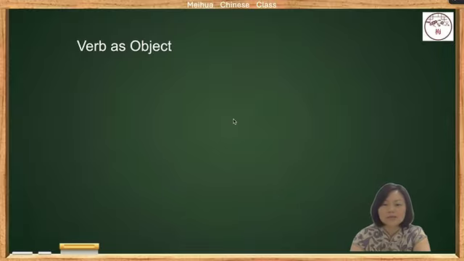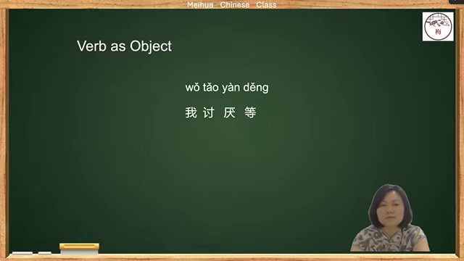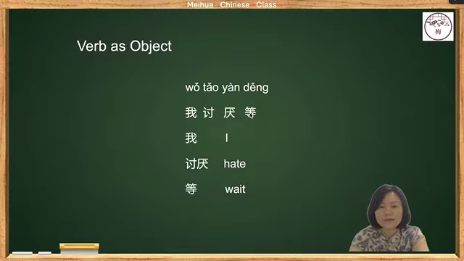Okay, the last one, the verb works as the object of an action. 我讨厌等，我讨厌等。我 means I. 讨厌 is a verb in Chinese, meaning hate. 等 is also a verb in Chinese, which means wait.